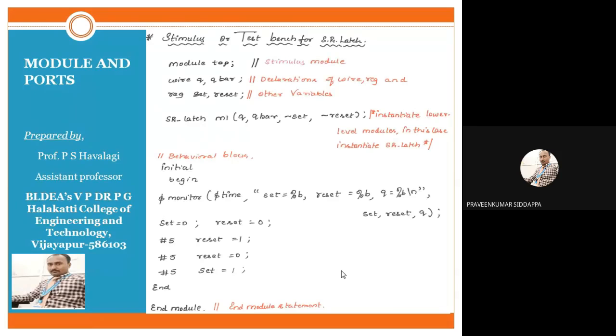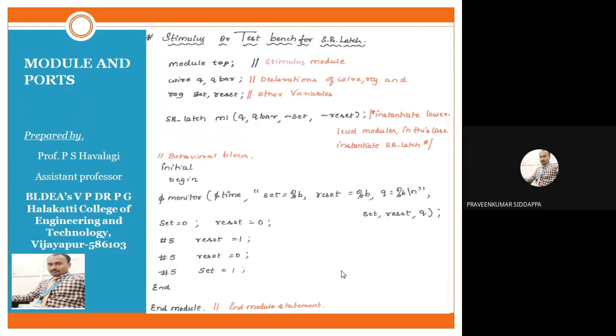A test bench is nothing but code. The test bench is like a Verilog code. Though we write the test bench in Verilog, it should contain the inputs. By writing the test bench, we are generating the waveforms.